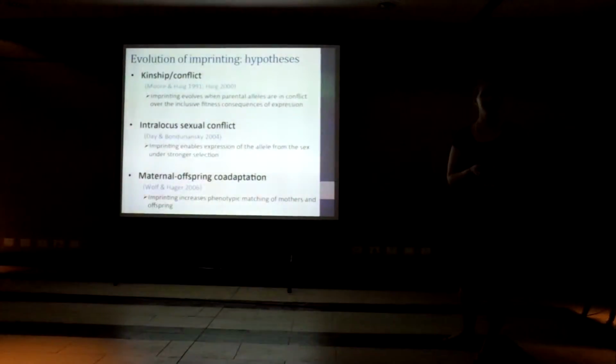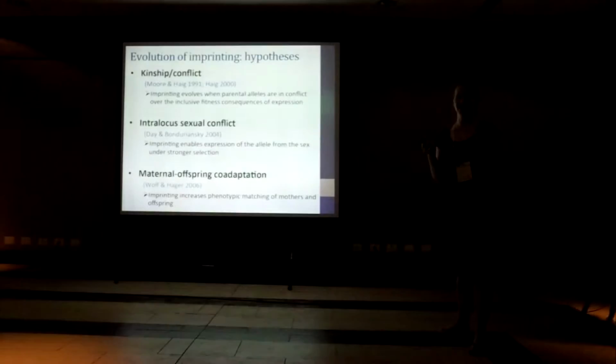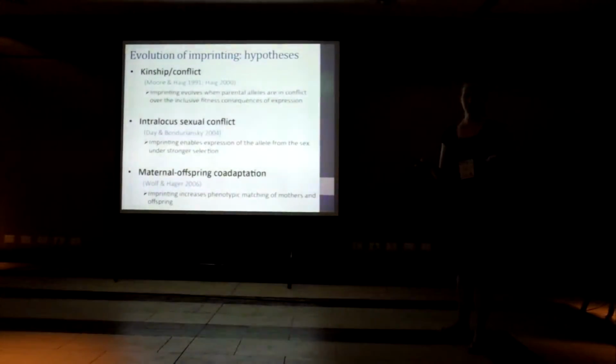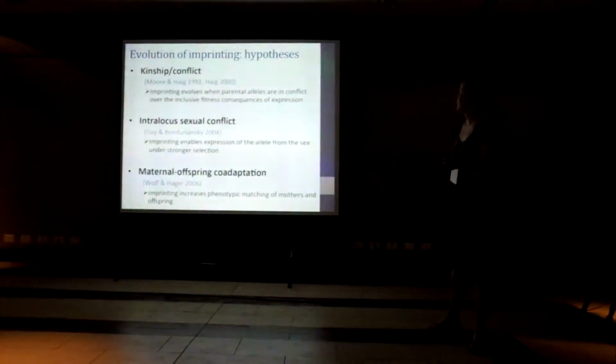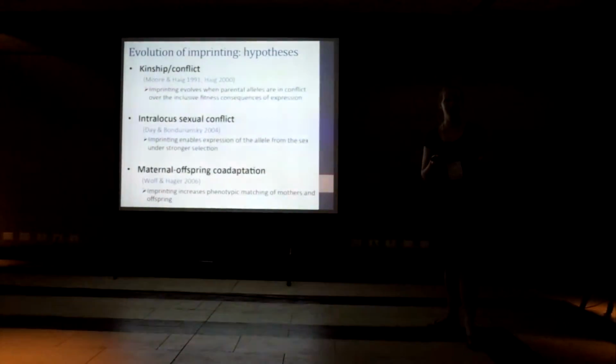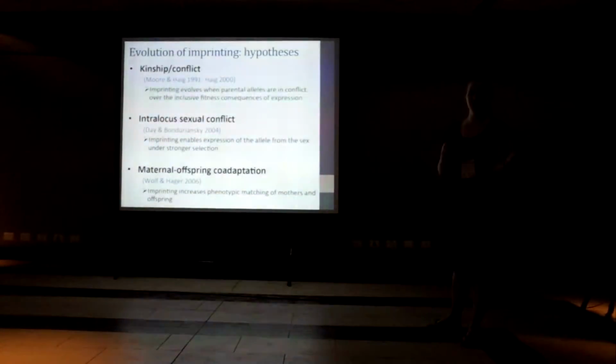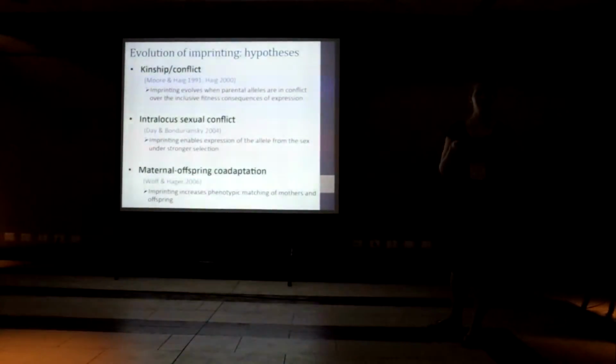This is a kin selection model which recognizes that expression of a gene can have different consequences for inclusive fitness of maternally and paternally inherited alleles. And imprinting may be a way of differentiating expression of the alleles from the different parents in order to maximize their inclusive fitness.